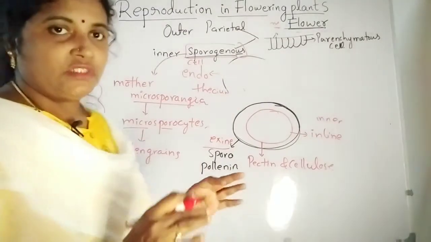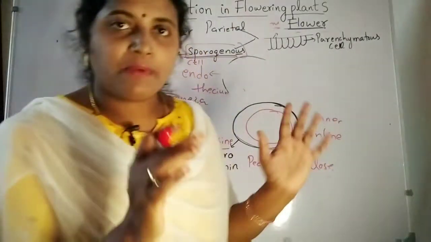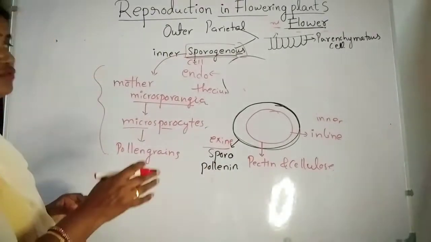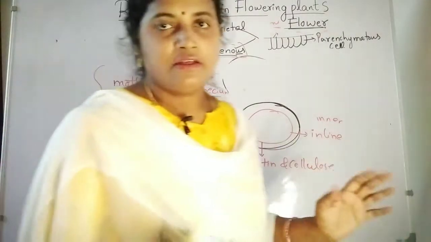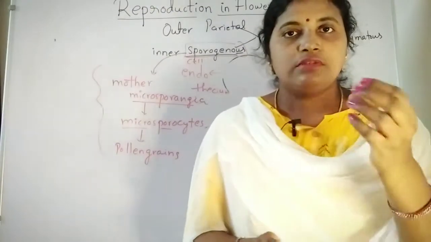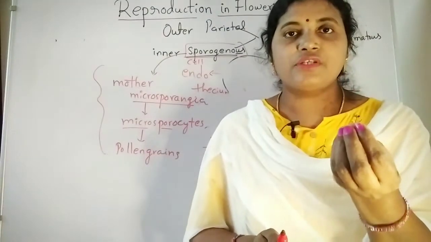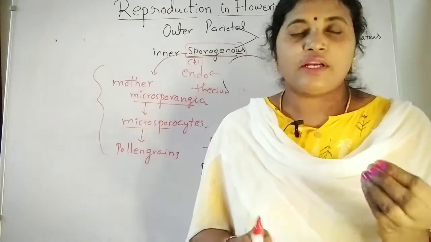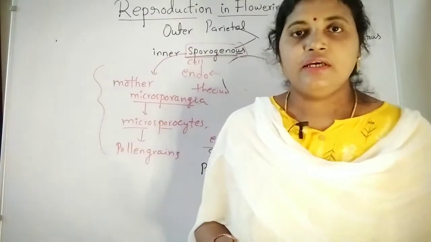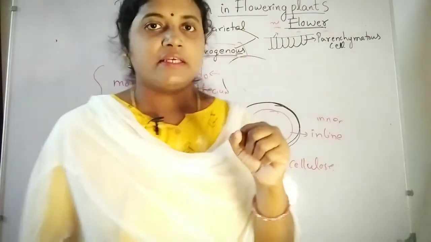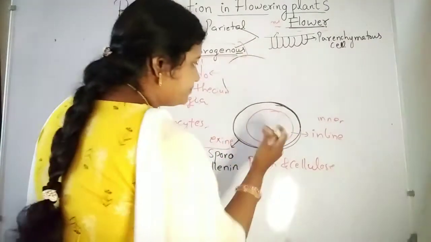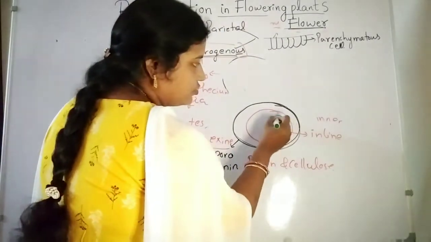After that, this microspore is covered by callose layers. So after the growth, this is producing two types of cells. One is the generative cell, another one is the vegetative cell. The generative cell is present inside the microspore.